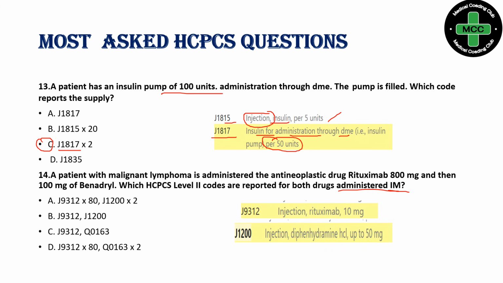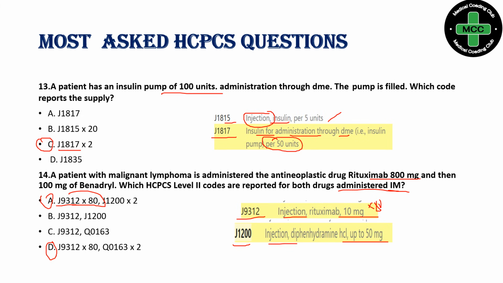You can check this code: J9312 injection 10 mg, J1200 injection up to 50 mg. Check the question and check the options between option A and option D. J9312 times 80: J9312 carries 10, and here they have given 800, so 10 times 80 gives 800. So this option is correct.